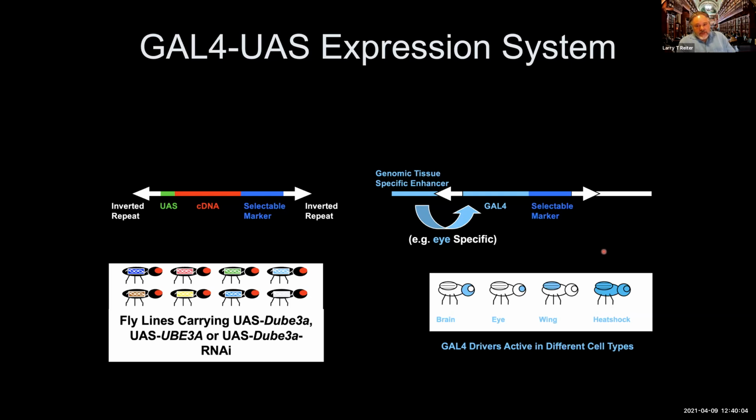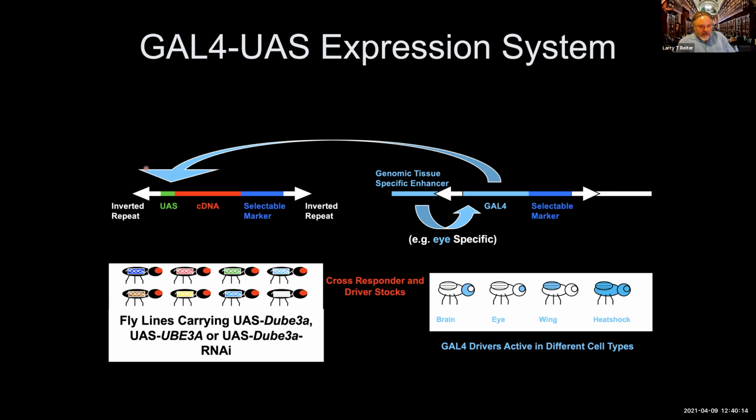Sometimes you can also get lines that are expressing in individual neurons, for example. So if you cross these two lines, you end up making Gal4 protein that binds to the upstream activator sequence that drives your cDNA of interest. In this case, it'll be the cDNA being driven in glial cells. I'm going to show you some of that data.